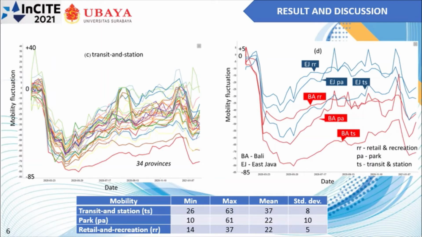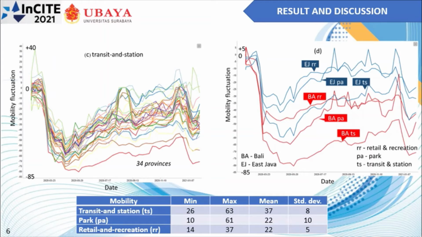As the unit of analysis for further modeling is a province, the mobility fluctuation in the time series was transformed into a single value for each province. The root mean square of mobility fluctuation for each province was calculated. Descriptive statistics were performed using the statistic node in KNIME workflow.